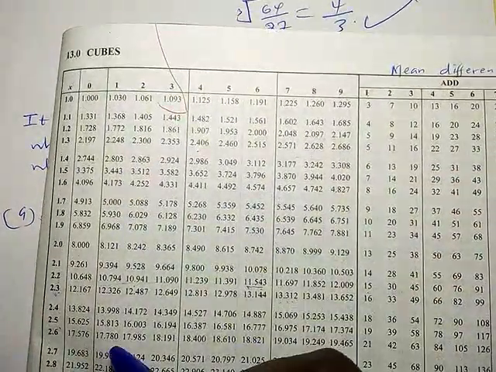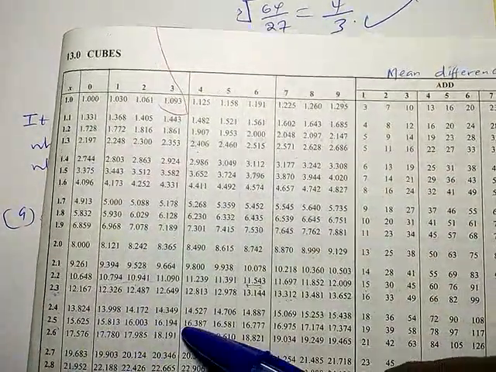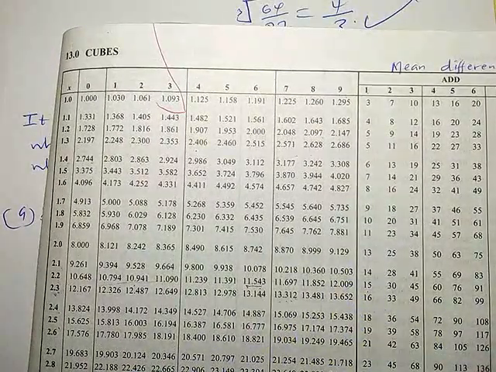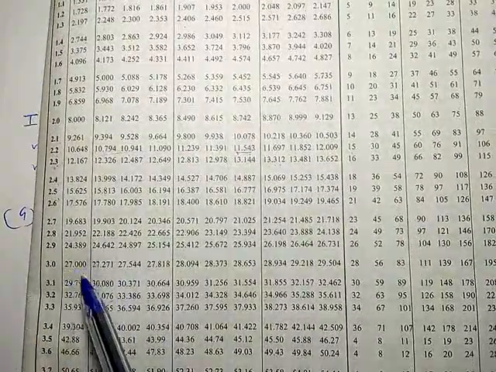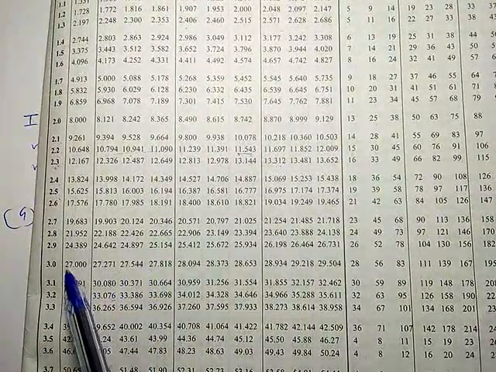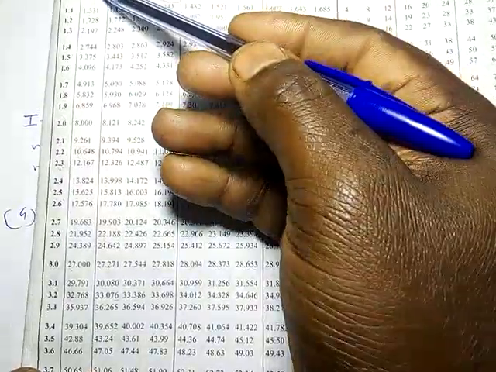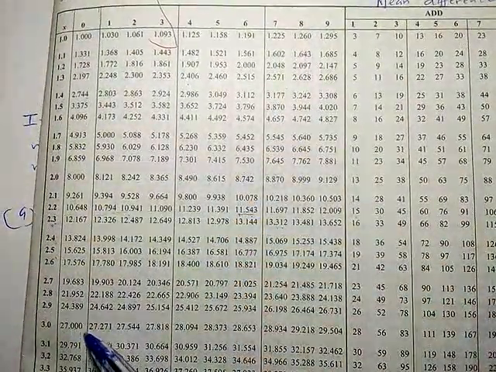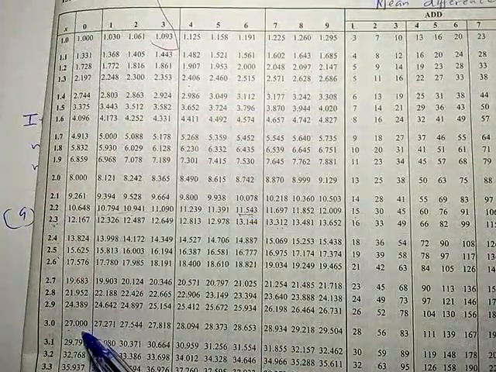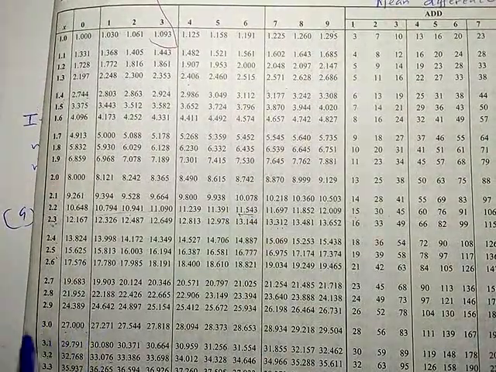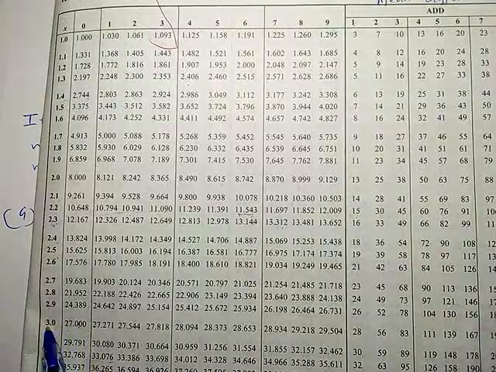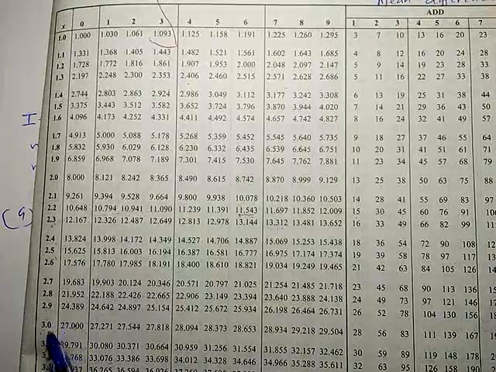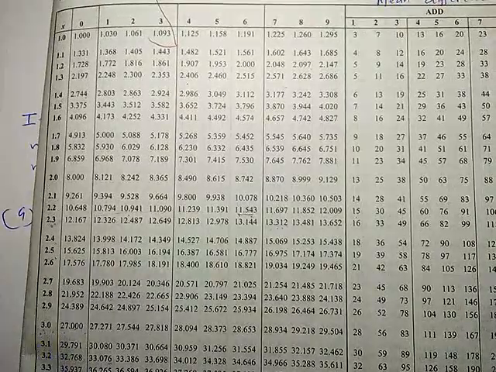You find the number 27, or 27.1, a number that is close. So we have 27 here, where we have 0, we have 27.00. 27.00 is the same as 27. So you go back. What number is there at the x? It is 3.0. Therefore, the cube root of 27 is 3.